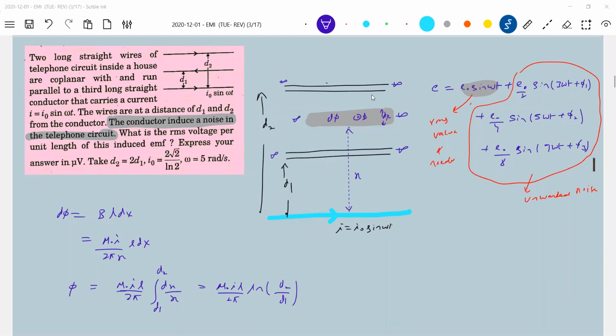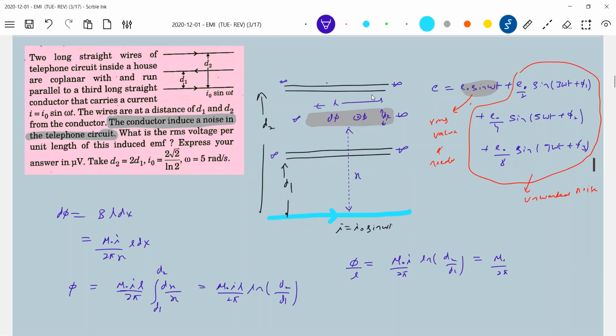L is what I'm assuming. Later on I'll make it flux per unit length, because what is being asked now? The EMF induced per unit length. So flux linking per unit length. If you want to write it with L, you differentiate this.